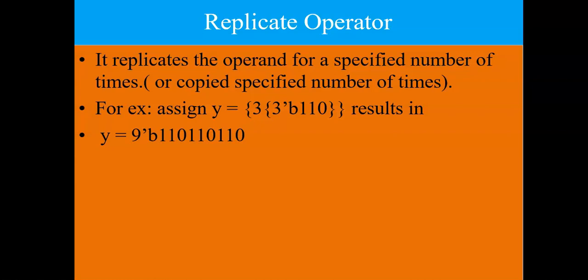That is the most important thing. So when I write assign y is equal to, within the braces, 3, again curly braces, 3 bit size b110, then it will copy this 3 times. That means 110, 110, 110. That's why this size has become 9. I think the example is clear to all.